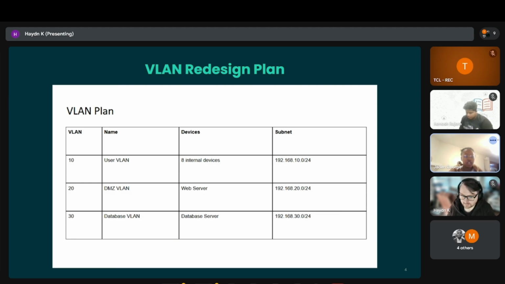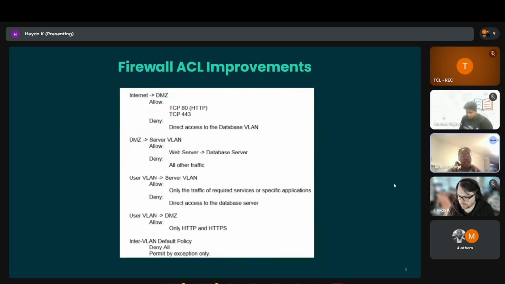Next is the Firewall ACL improvements. So we'd start with making sure traffic that goes from the internet to the DMZ server would only allow TCP/80, which is HTTP, and TCP/443, which is HTTPS, and then we deny direct access to the database VLAN.